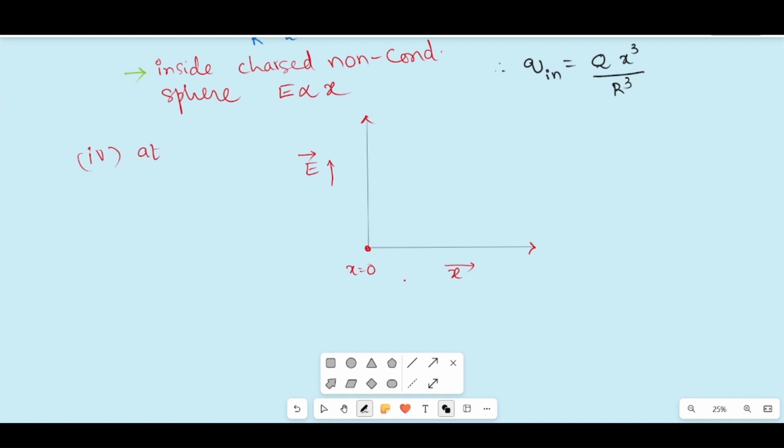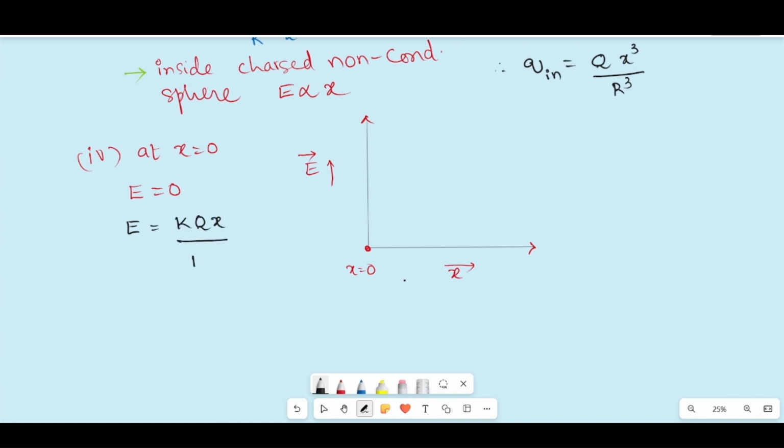At x equal to 0, at origin, the value of electric field strength is 0, because if you see the formula, E equal to k q x by r cube, where x is less than r. And another equation, E equal to kq by r square at x equal to r.